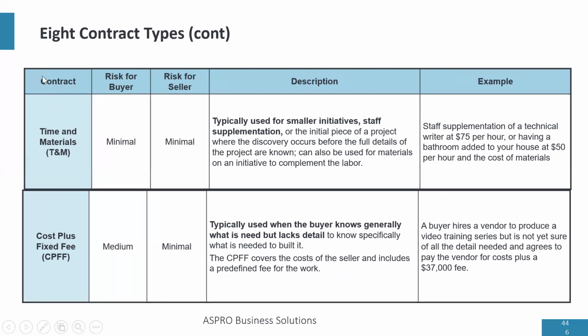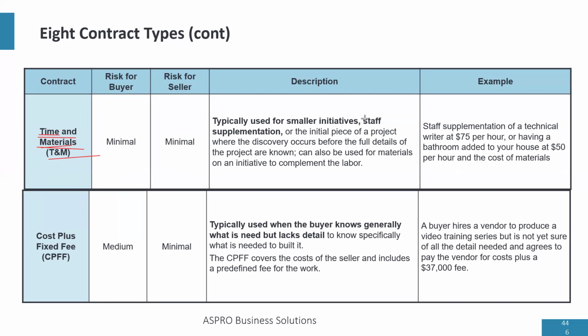Let's go over to time and material contract type. Time and materials is used for staff supplementation. And how does it work? You pay for the time that the staff or the contract staff will be working, and the materials, you pay for it.